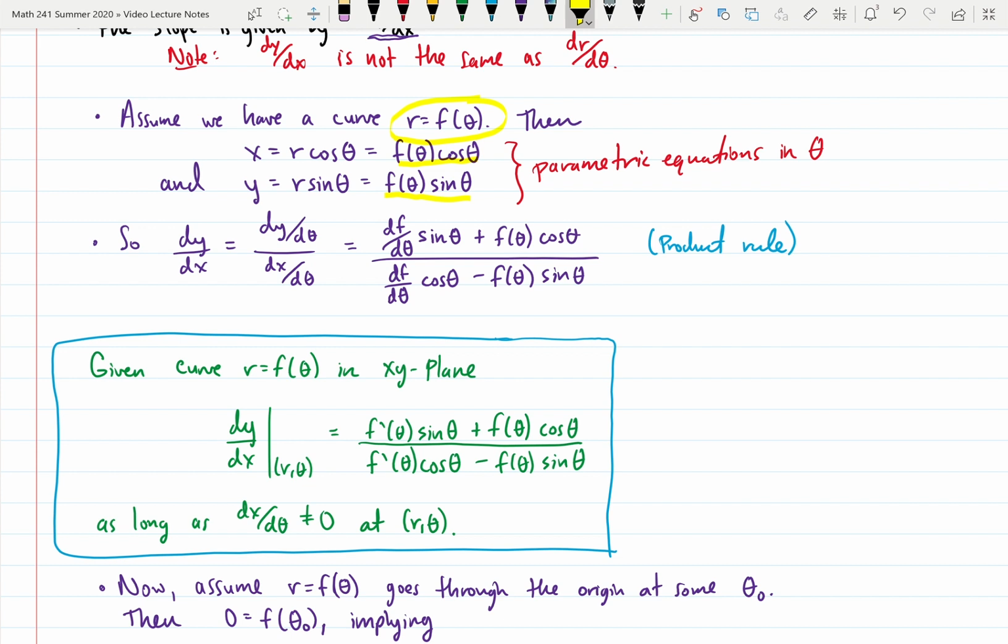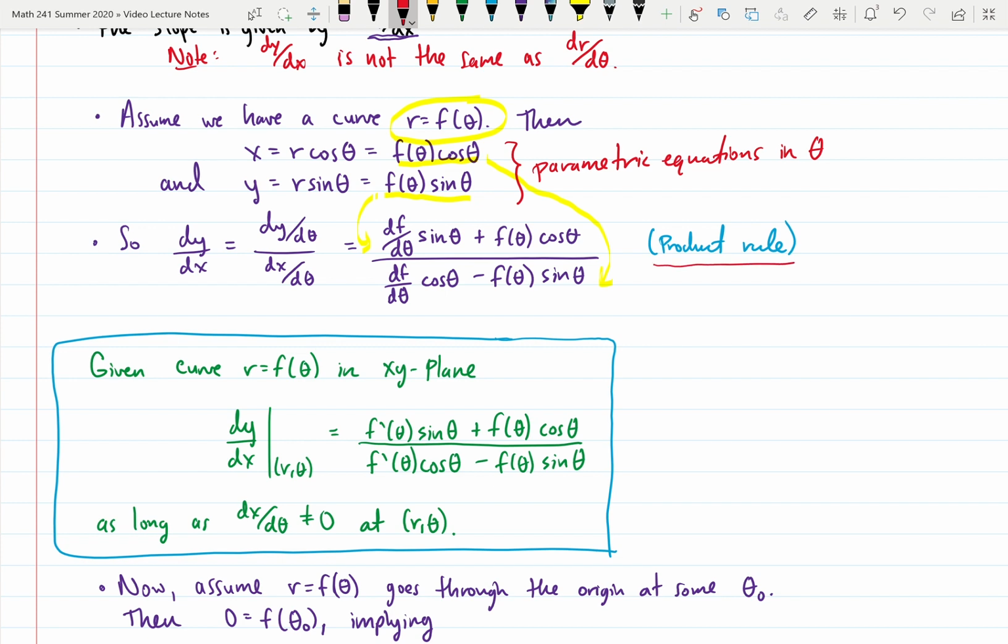To calculate dy/dθ, we take the derivative of f(θ) sin θ with respect to θ, so we'll use the product rule. dy/dθ ends up becoming this when we take the derivative of f(θ) sin θ, and dx/dθ ends up becoming this when we take the derivative of f(θ) cos θ. Here we are using the product rule.